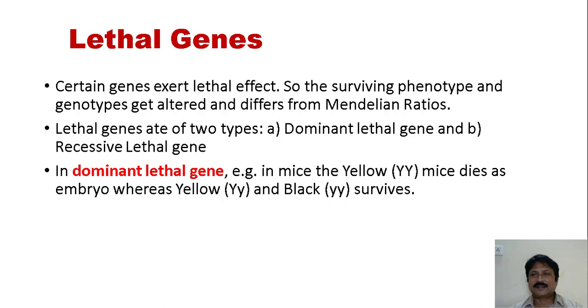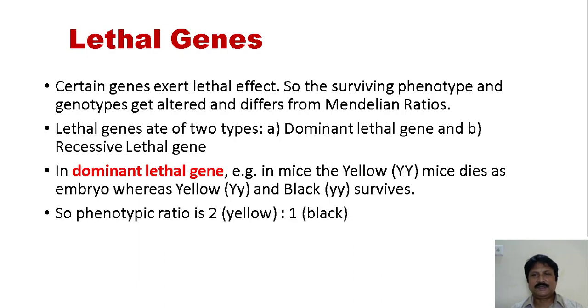They die in the embryo or at a very early age, whereas the yellow which is heterozygous, and the black ones, they survive. So, if a cross is made between heterozygous yellow and a black one, then what happens?